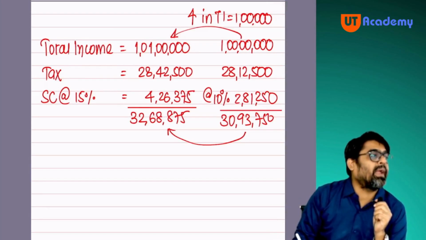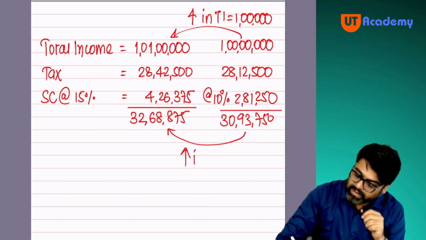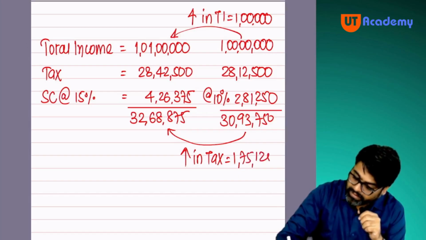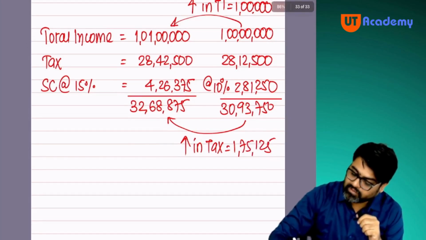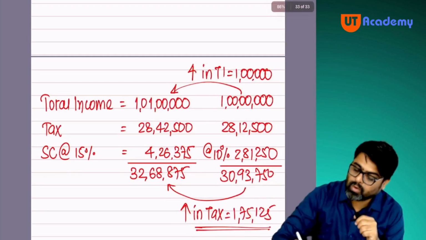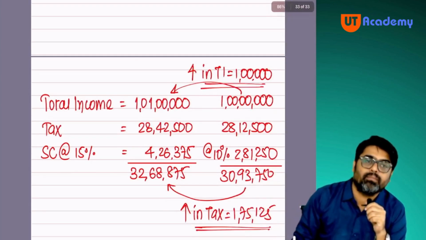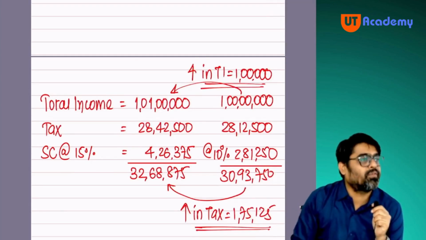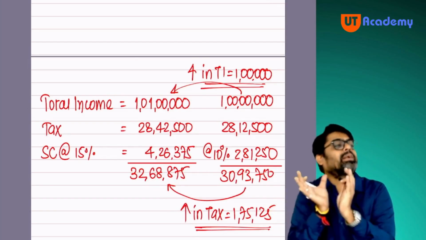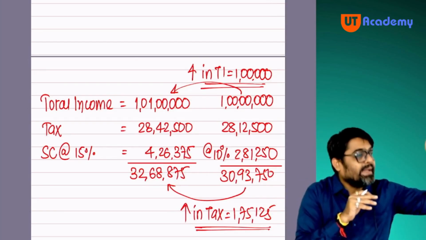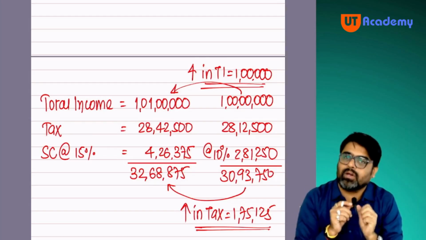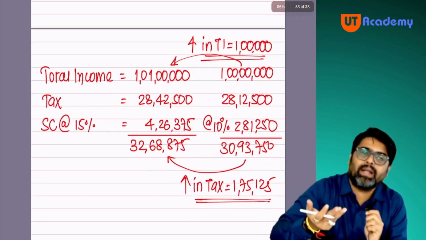How much is the increase in tax? Yes or no? Can I say increase in tax is more than increase in total income? Will I get any marginal relief? Because increase in tax amount is more than increase in total income amount. Yes or no? Hence, I am eligible to get marginal relief.